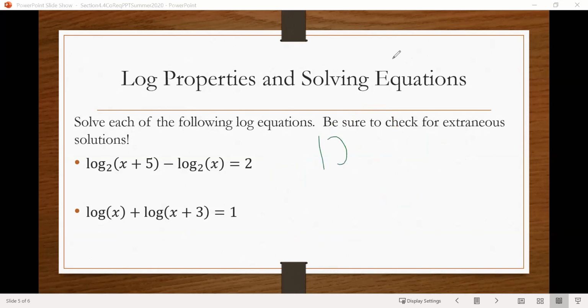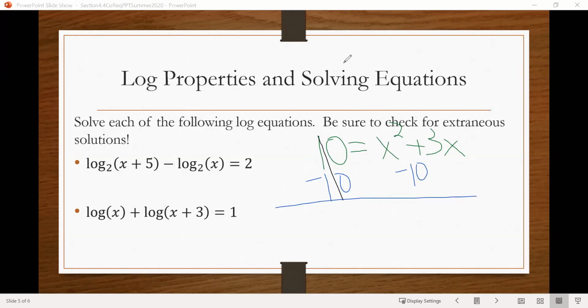So if 10 equals x squared plus 3x, we see this is a quadratic equation, so we know we can solve that by setting it equal to 0. So we'll subtract 10 on both sides. So this becomes 0 equals x squared plus 3x minus 10. And we can use either the quadratic formula or factoring to solve this.